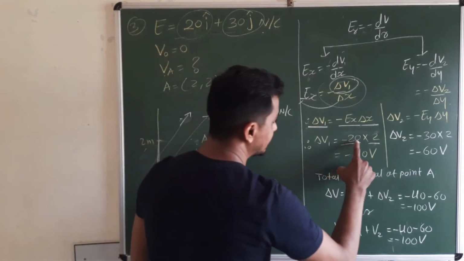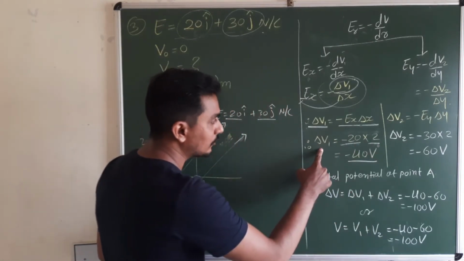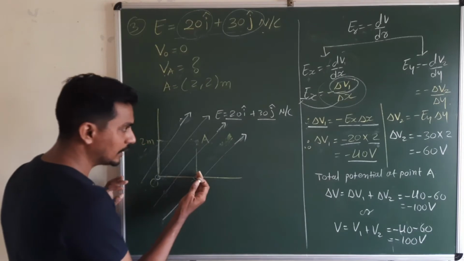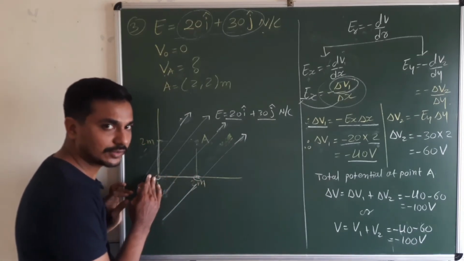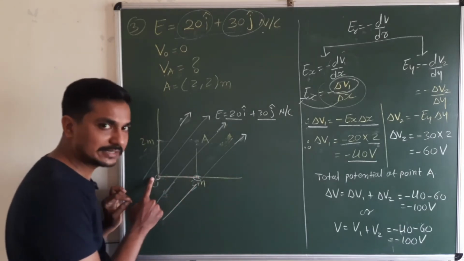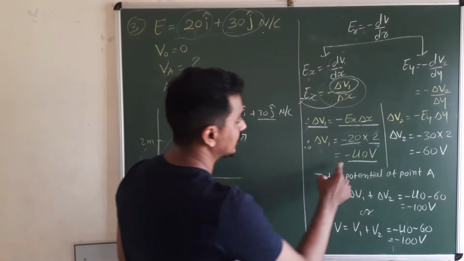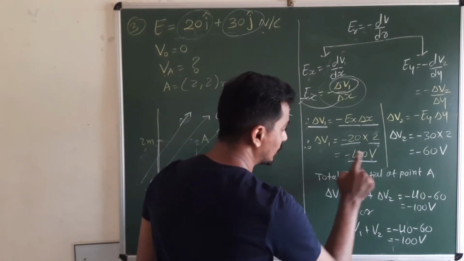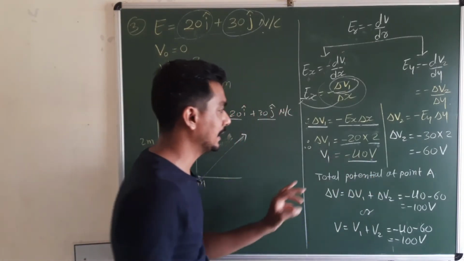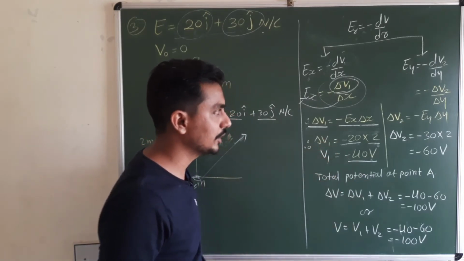So it is minus 20 into 2, that is minus 40 volt. And delta V is minus 40 minus 0, because at the origin the potential is given as 0. So here it is minus 40 volts. We can write delta V1, or V1, is equal to minus 40 volt.